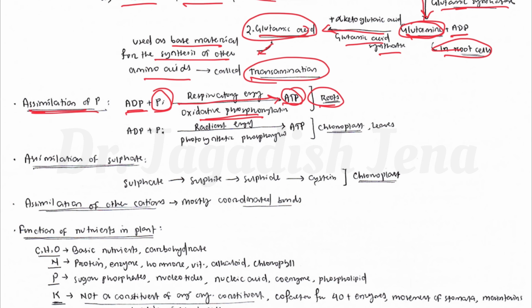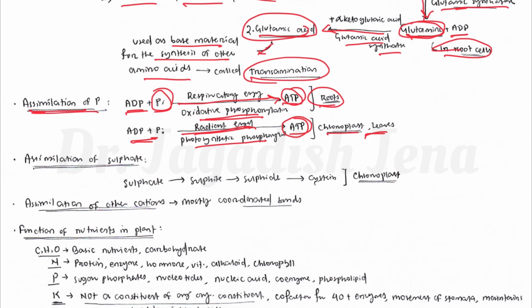Okay, this is in the root. And in the chloroplast, ADP plus Pi, radiant energy or photosynthetic pigments, phosphorylation converts it to ATP, and this happens in the chloroplast. So respiratory energy is used in the root and radiant energy is used in the chloroplast or leaves. That is the basic difference.